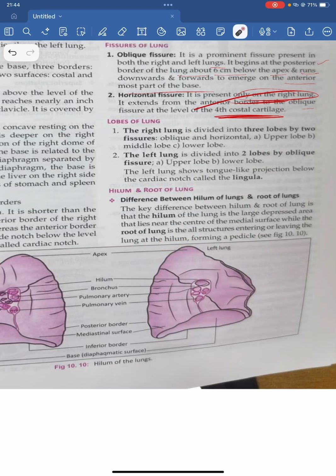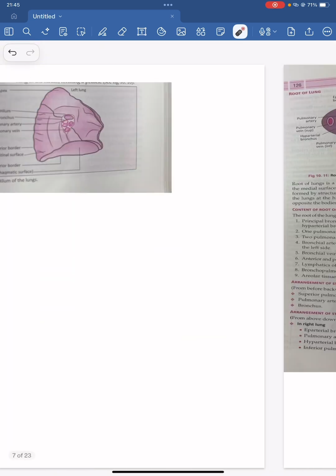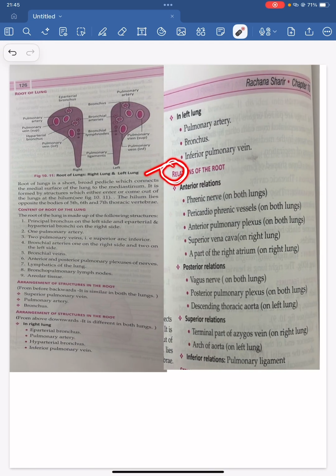It is present exactly at the hilum, but it is called the root of the lung due to the presence of the entering and leaving structures. So what is the hilum? It is a large depressed area that lies near the center of the medial surface. That is the difference.